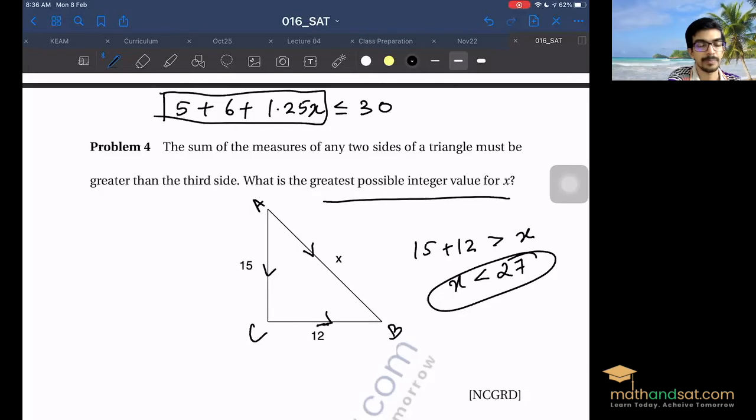Is this fine? Twenty-six, because x is less than 27. x cannot be 27. It can be any number which is less than 27. So x can be smaller numbers, but you're looking at the greatest possible value of x.